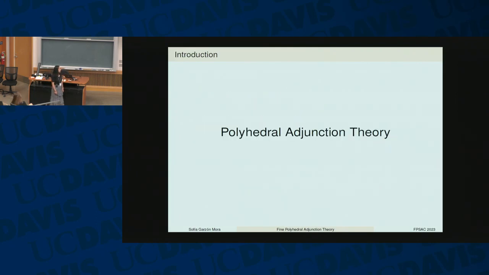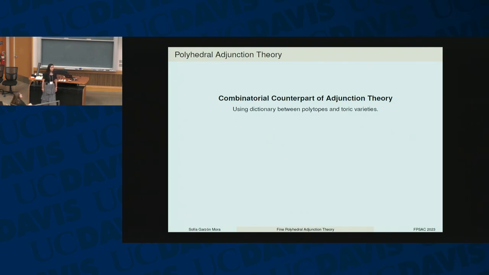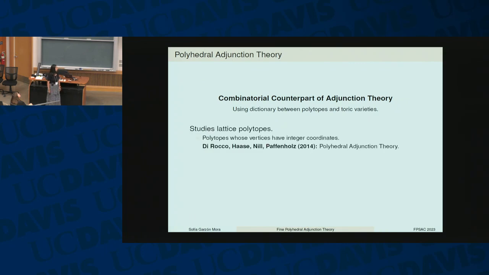So let's move on to polyhedral adjunction theory. Basically people have taken this dictionary between toric geometry and polytopes, and translated all of these concepts from toric geometry into the polytope side. So basically what we study is lattice polytopes, which are polytopes that have vertices with integer coordinates.